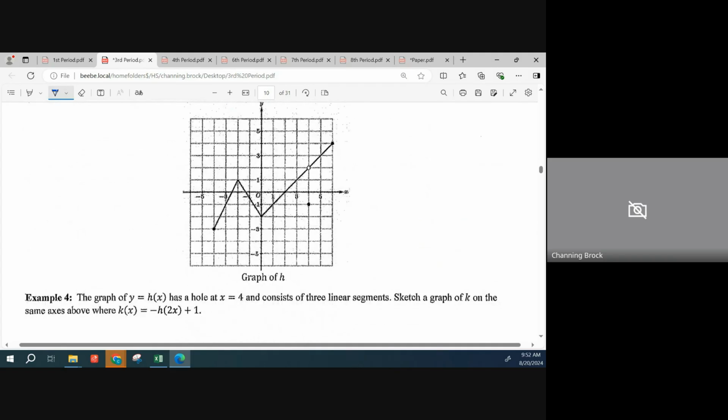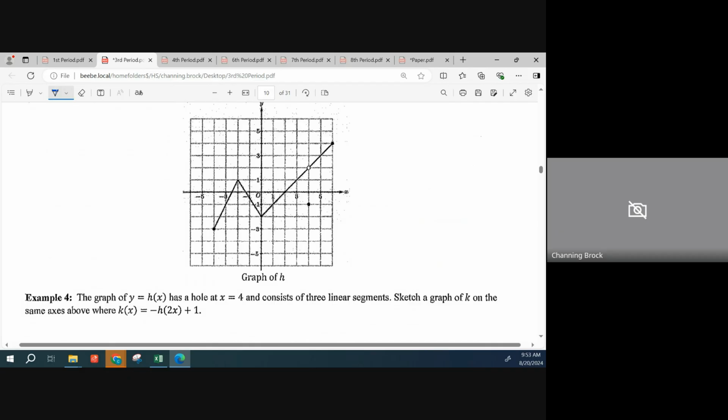All right, now, example 4. Where we're looking at the graph of h. It says the graph of y equals h of x has a hole at x equals 4. So we've got open circle there. But then notice there's a closed circle down here. So it is an included value in the domain, but that's easy to overlook.